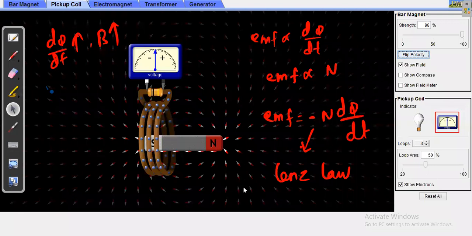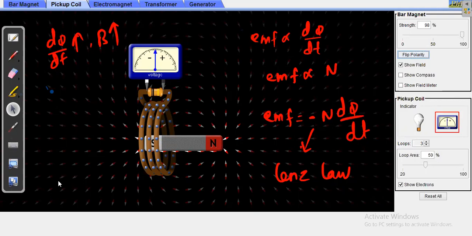In the exam they will ask what is the importance of Lenz's law. Faraday explained that when you move the magnet, current is produced in the coil, but Lenz identified in which direction the current will be induced. The direction of current induced in the coil is given by Lenz's law.